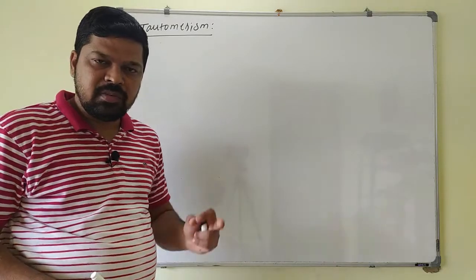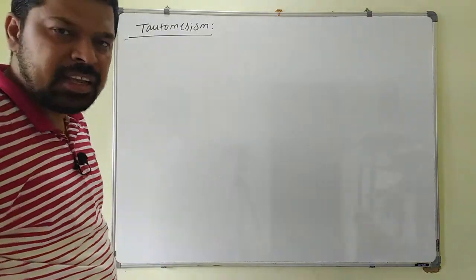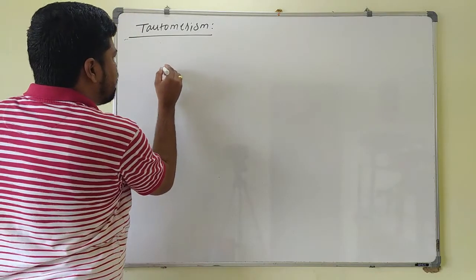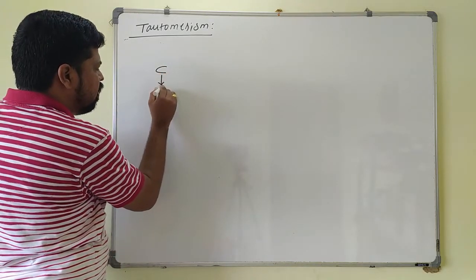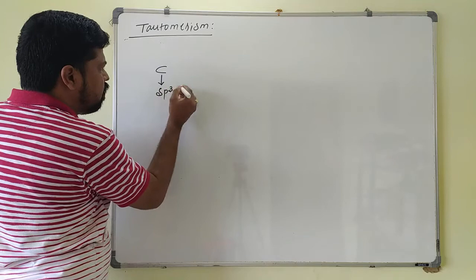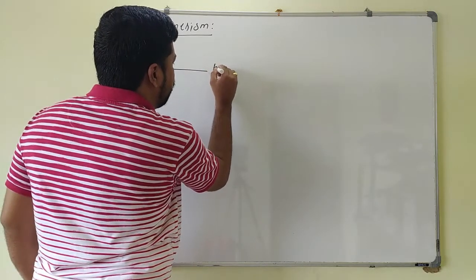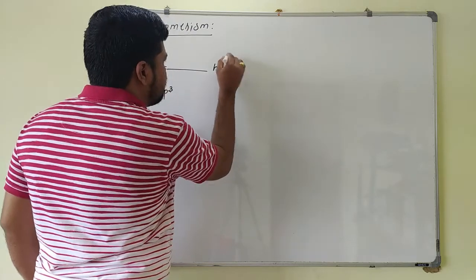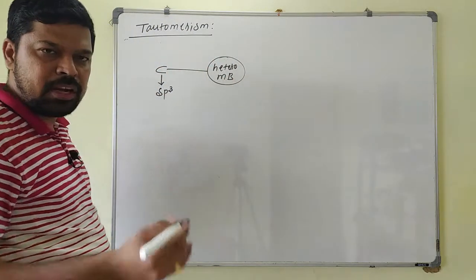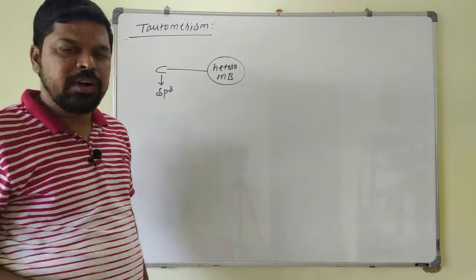For tautomerism, the first basic condition is an sp3 carbon atom. The sp3 carbon atom must be connected to a hetero-multiple bond. What is a hetero-multiple bond? The multiple bond that is formed between two different atoms.